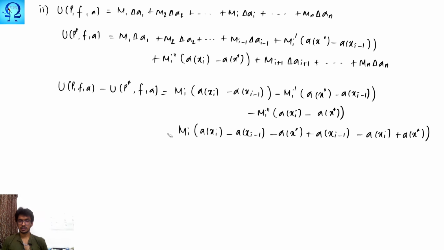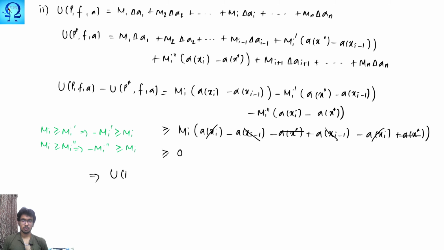Just a minute. Here let us do the things. Mi is the biggest of these things. So we have minus. So minus mi prime bigger than or equals mi, and similarly minus mi double prime bigger than or equals mi. So we will have the bigger than or equal sign here. So bigger than or equals 0, as this cancelled with this, and this cancelled with this, and this cancelled with this.